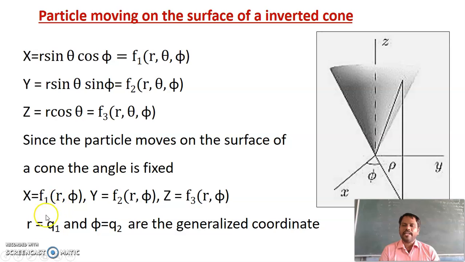Now r can be represented by q1 and phi by q2. These q1 and q2 are generalized coordinates. In the simple pendulum, theta equal to q1 was the generalized coordinate; likewise, in this case, q1 and q2 are the generalized coordinates.